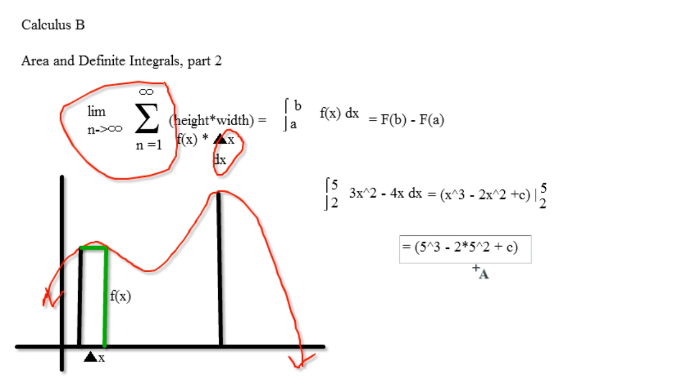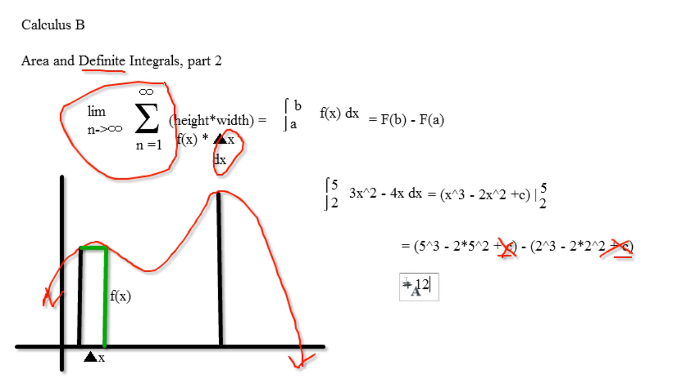We don't know c, but then we minus 2 cubed minus 2 times 2 squared plus c. Here's the really cool thing: we have a plus c here, then we subtract another plus c. Basically, you don't need c's in your final answers for definite integrals, because they're always going to cancel out. All you need to deal with is just the numbers.